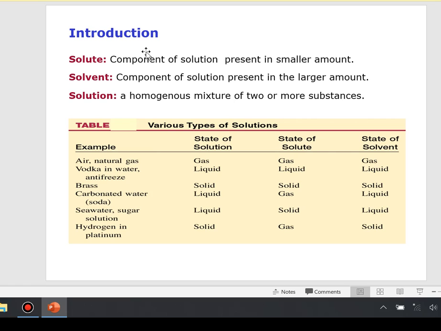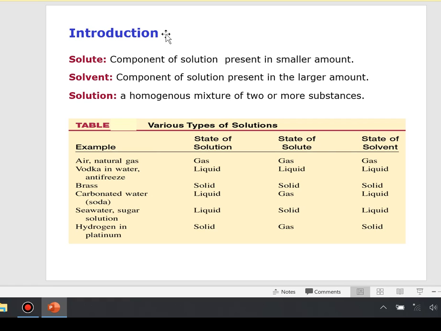Introduction of the solution. What is a solution? A solution is a homogeneous mixture in which two or more substances can be mixed, and the solution is mainly prepared from solute and solvent.